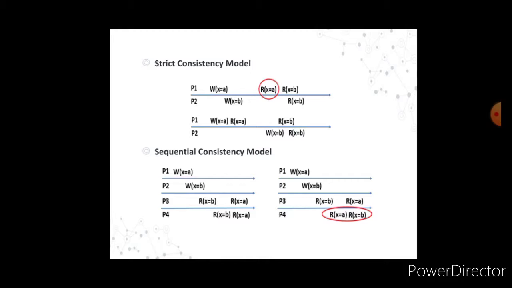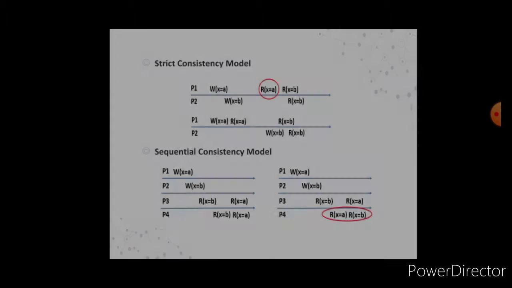If one process sees one ordering of the three operations and another process sees a different one, the memory is not a sequential consistency model. Note here that the only acceptable ordering for a strict consistency memory is R1, W1, R2. These are the sequential consistency model.